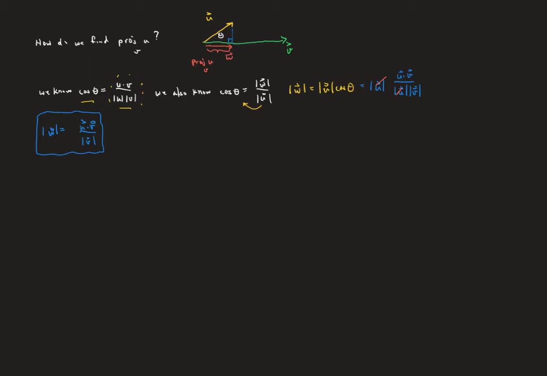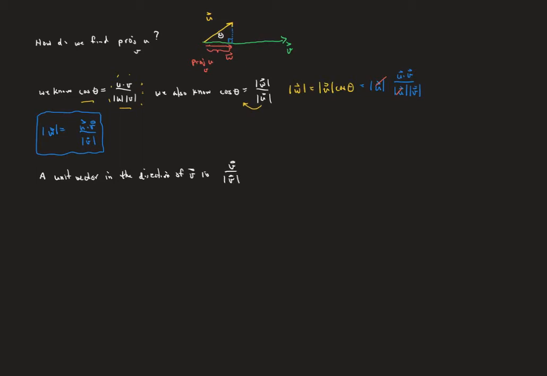Now, as a little bit of an aside that we're going to bring into play shortly, we know that a unit vector, a vector of length 1 in the direction of our vector V that we're interested in projecting onto, is given by vector V divided by its magnitude.